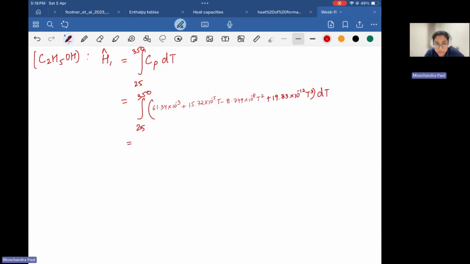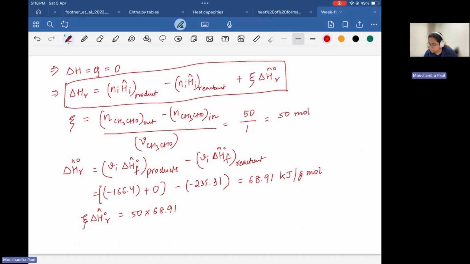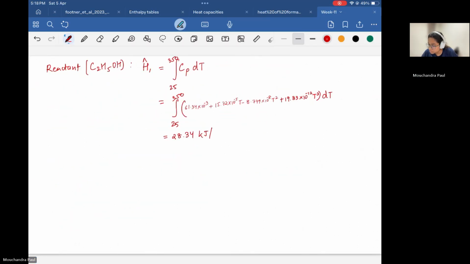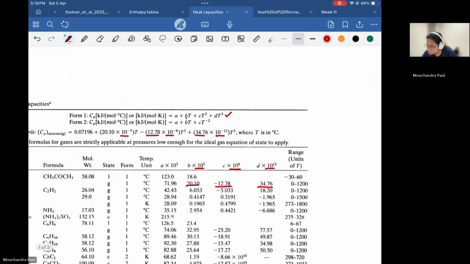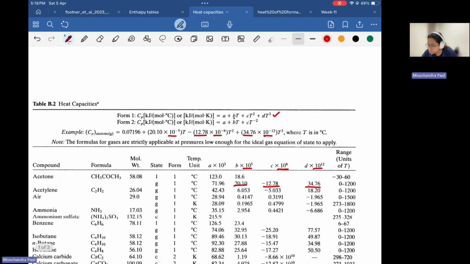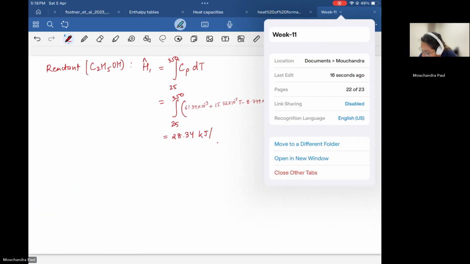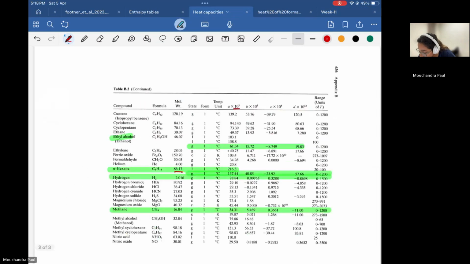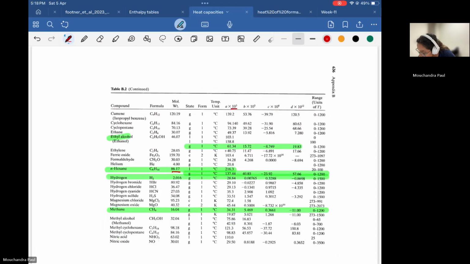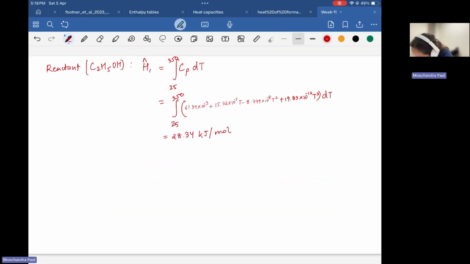So here H1 hat is 28.34 kilojoule per mole. Sorry, the unit will be kilojoule per mole. Okay, this is H1 hat.